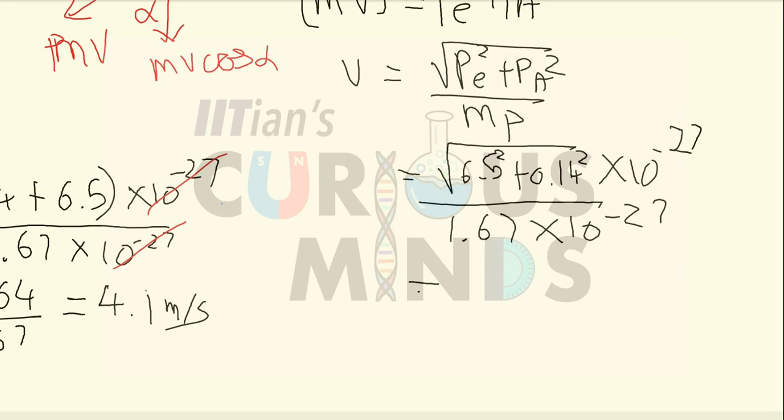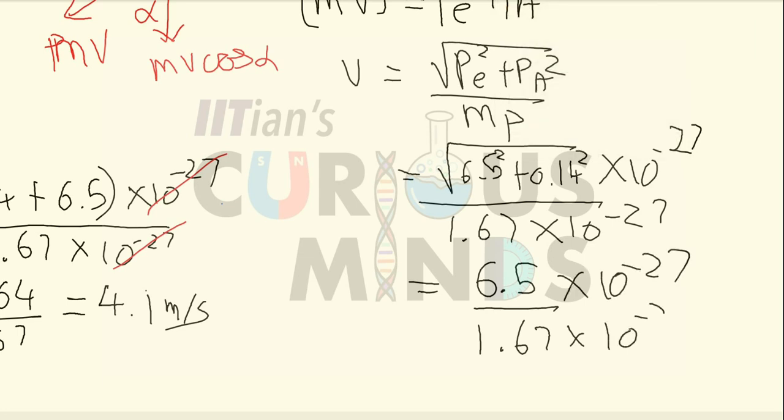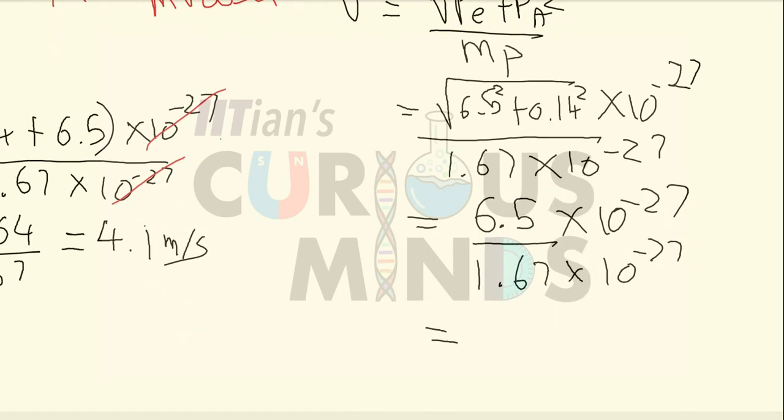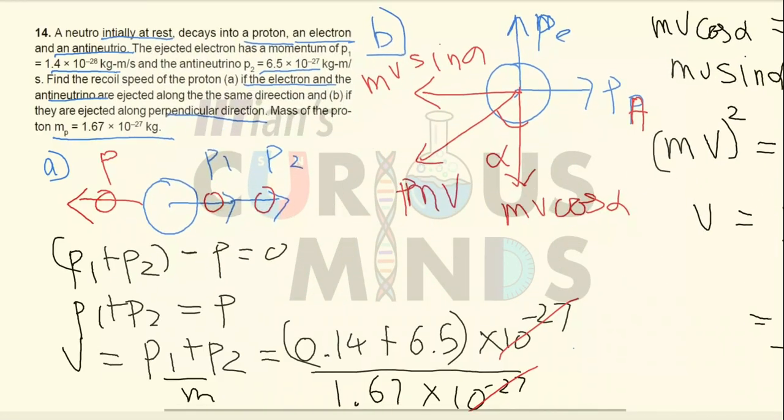When I take the square root, this will roughly come out to be 6.5, and the 10^-27 will get cancelled out. It will roughly be equal to 4 point something, almost the same value, or basically I can say it will be equal to 3.9, a little less than that.